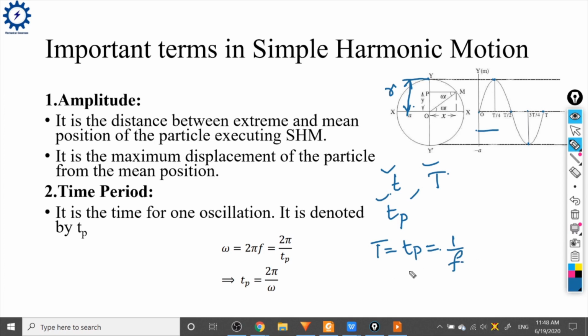Similarly, we can relate time period and frequency with angular velocity by this relation: omega equal to 2 pi into f, which is equal to 2 pi by Tp, and time period Tp is 2 pi by omega. These are important relations which we are going to use to solve different problems.